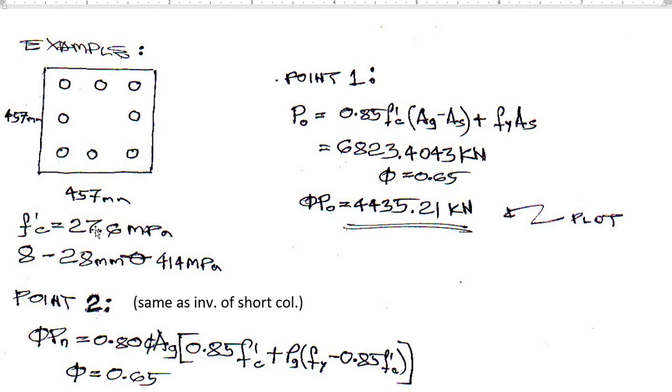0.85 times 27.6 times the quantity area gross minus AS. Obviously, yung area gross mo, that is equal to the area of the concrete, 457 times 457, minus AS.